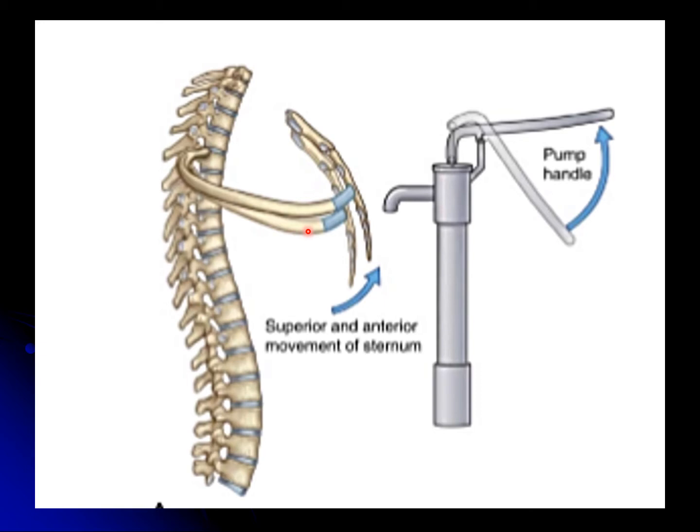So in expiration it appears like this, but as we inspire, the anterior end of the rib is slightly moved forward and upward, raising mainly the lower part of the sternum. So they are increasing the diameter, that is known as the anteroposterior diameter.